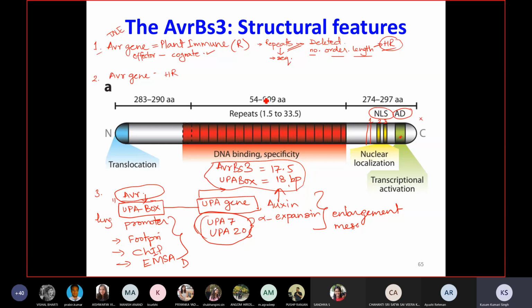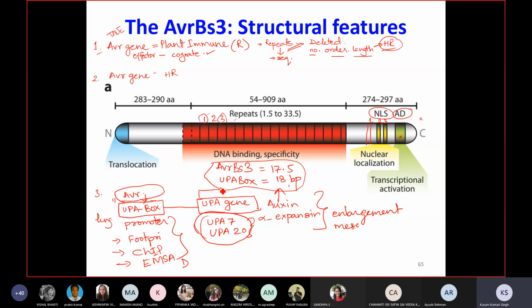It was also important from the above experiment, especially in lecture 1 we have seen, if you interchange the repeats, for example this is 1 2 3, if you change the third repeat to the first position and the first repeat to the fourth position, and if you interchange within the repeat, it is not possible for the repeats to bind the same sequences. So the order, number and length were important for the repeats.